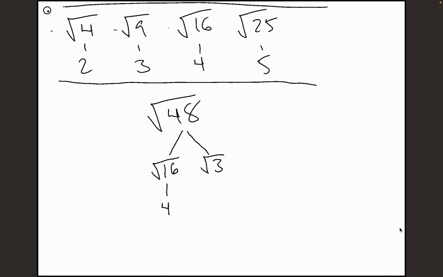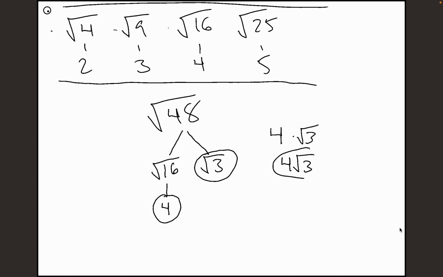When you get a whole number, I would just circle it. Can we simplify square root 3 anymore? No, so I'll circle that too. That leaves me with 4 times square root 3, which is just 4 square root 3, because we can't multiply those, since one of them is in a square root. So this is our answer for the simplified version of square root 48.